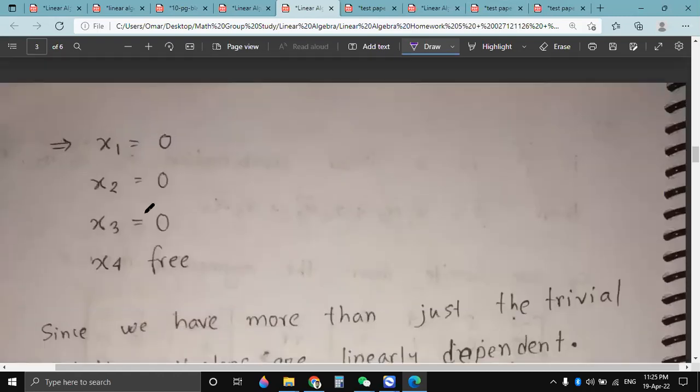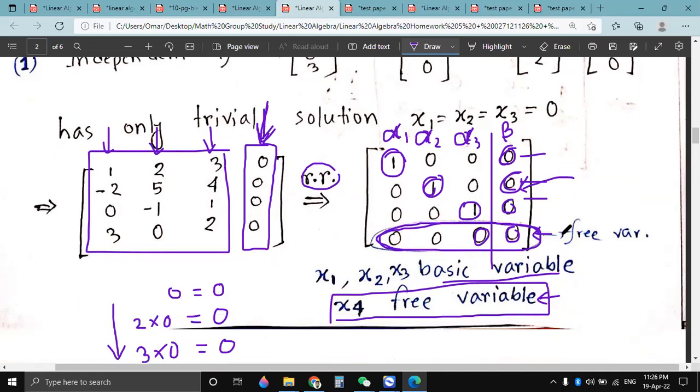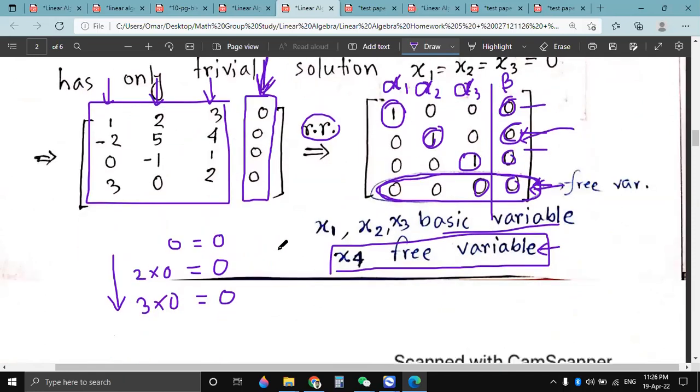So that's why I write it this way. So it is x1 equal to 0, and x2 is equal to 0. If I write down that diagonal line here, it is x1, x2, and then x3, so we can also say alpha 1, alpha 2, alpha 3, and then this is beta, right? So you can say alpha 1 is equal to 0, alpha 2 is equal to 0, alpha 3 is equal to 0, but for the last row it is 0 equal to 0, right?